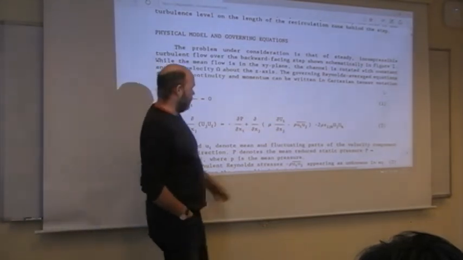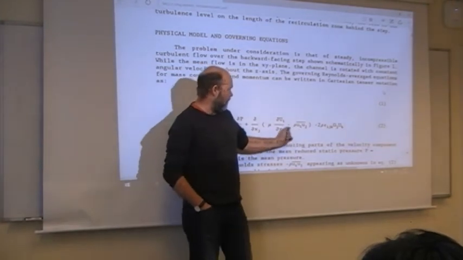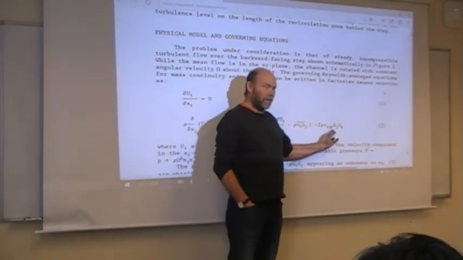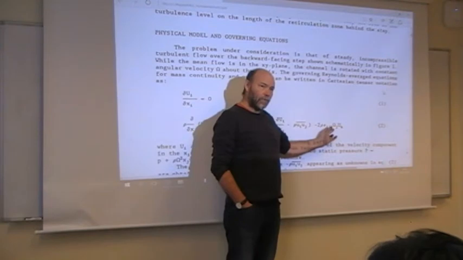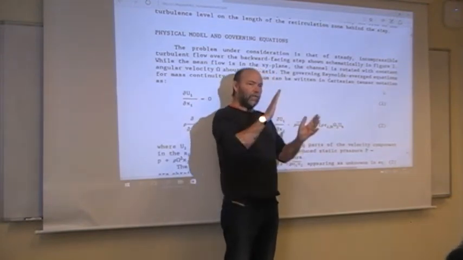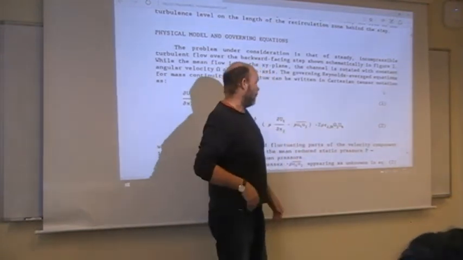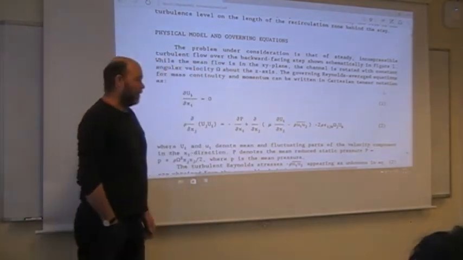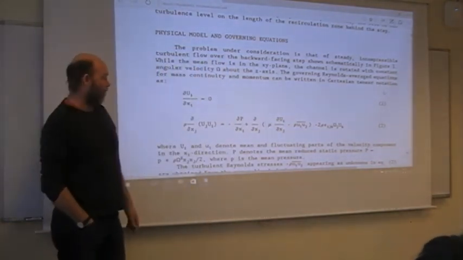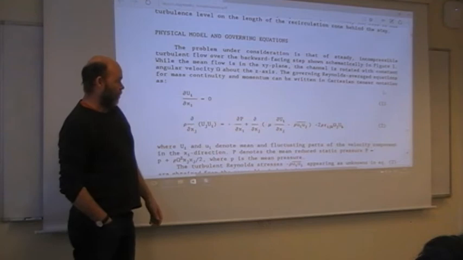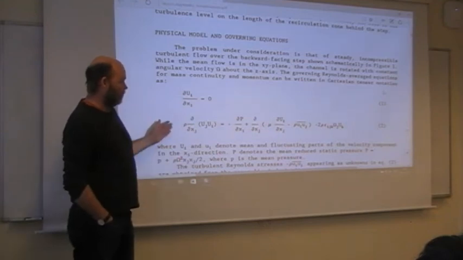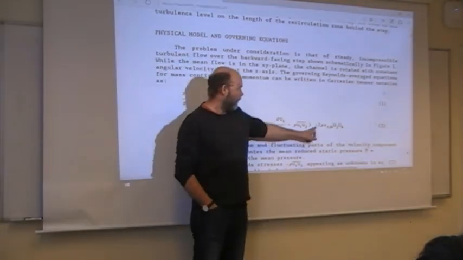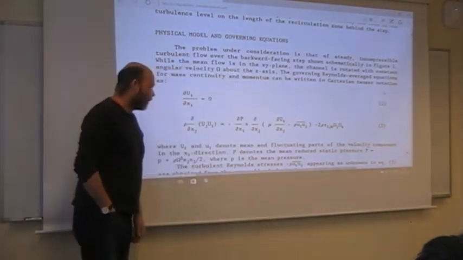You have the Reynolds stresses here, and then you have a sort of strange term in addition, that is the Coriolis force. So you are in a rotating system, you're sitting in a relative coordinate system, hence the Coriolis now appears as a force, not as an acceleration where it belongs, hence the minus.